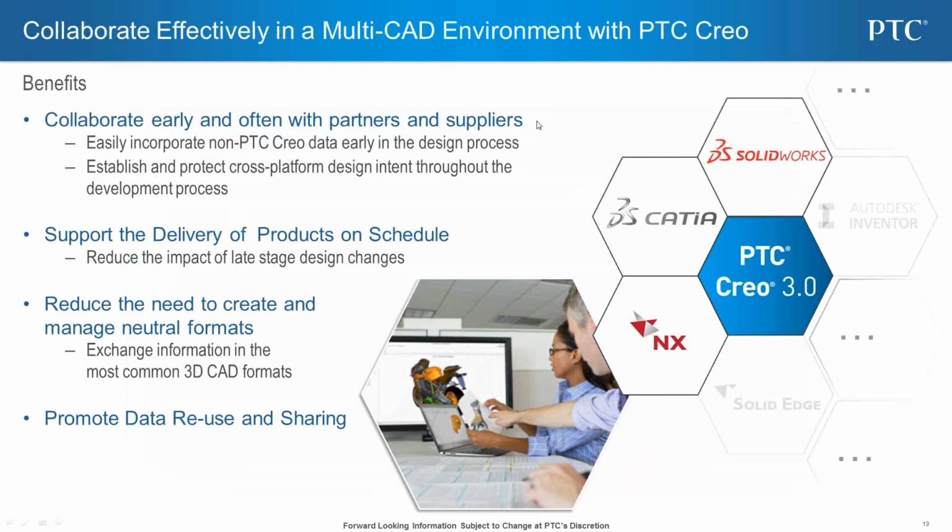So just to recap, there's two main use cases. The first one is consolidation, the ability to very quickly and easily bring in data from different systems and consolidate on a single platform.